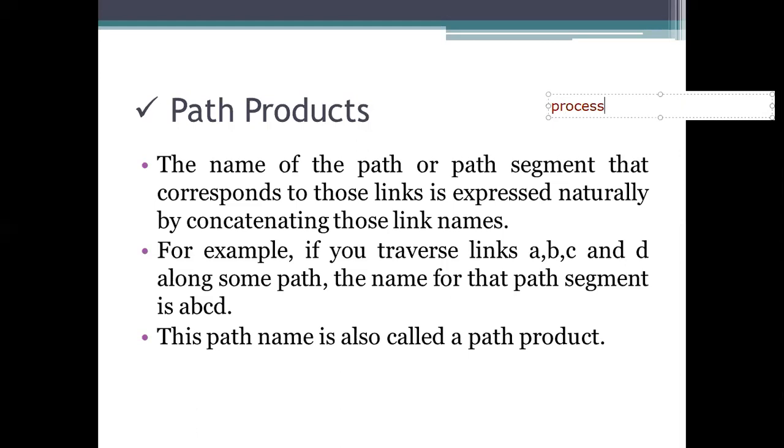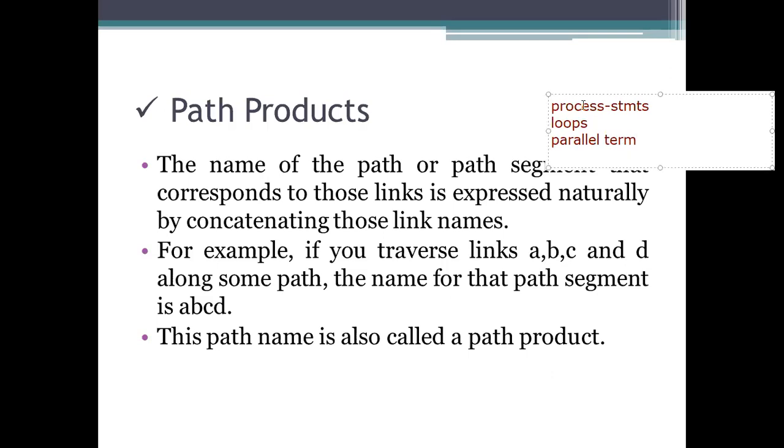Process means the statements or the steps which have been included to complete that task. These statements will involve loops also. And what we are considering here is that when we are dealing with the representation of the flow graph, we have parallel terms and cross terms also.